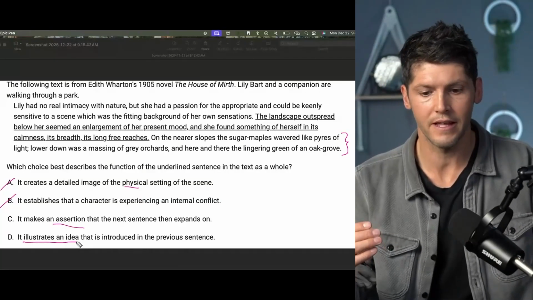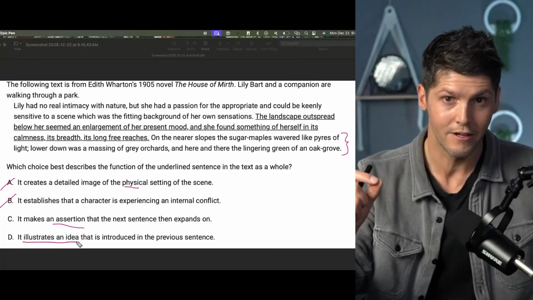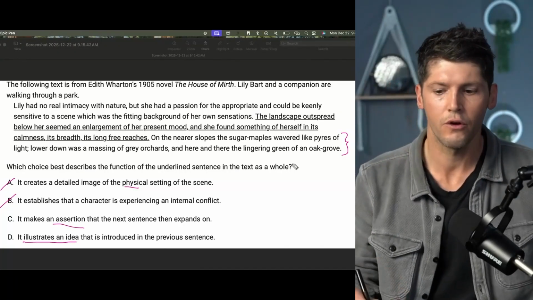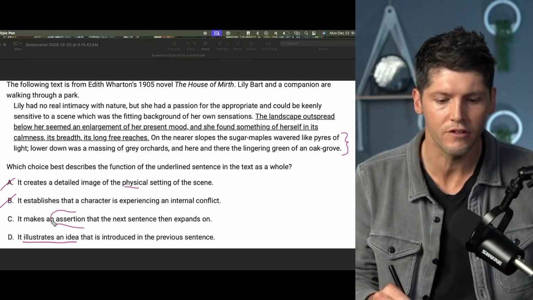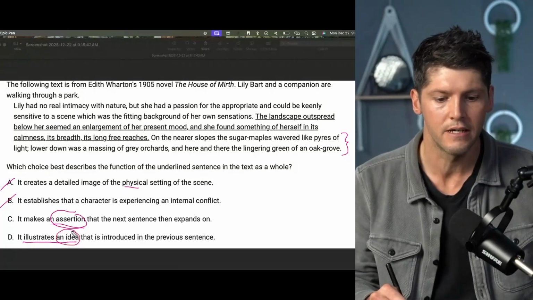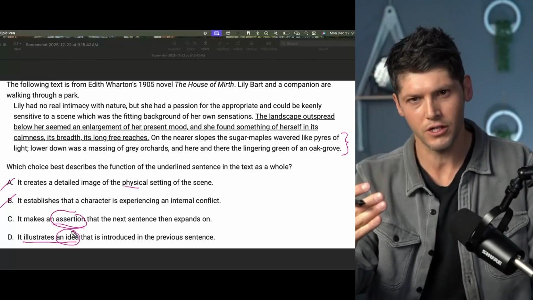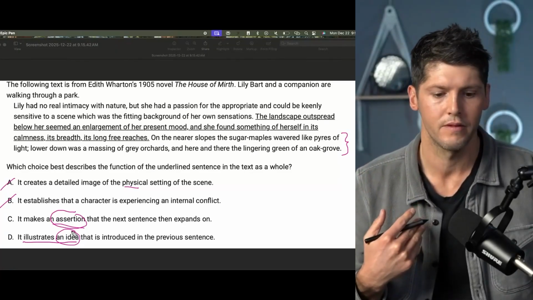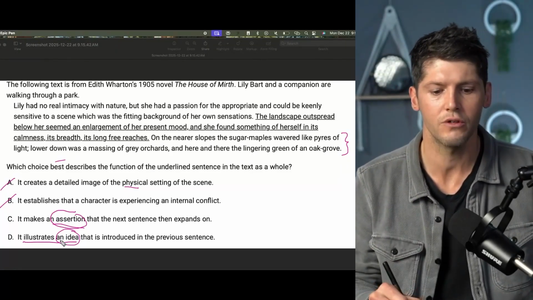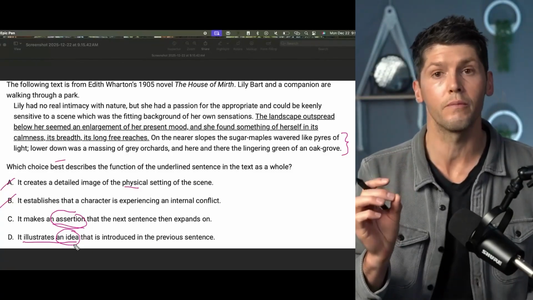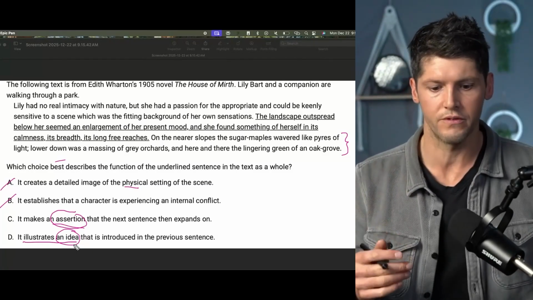C says that the underlined piece is the idea or assertion which is then expanded upon, right? So you could say that basically the difference between an assertion and idea is negligible and not really very important, right? An assertion is some kind of an idea, right? To make an assertion or illustrate an idea obviously is a little different, but those two words are basically the same thing for our purposes.